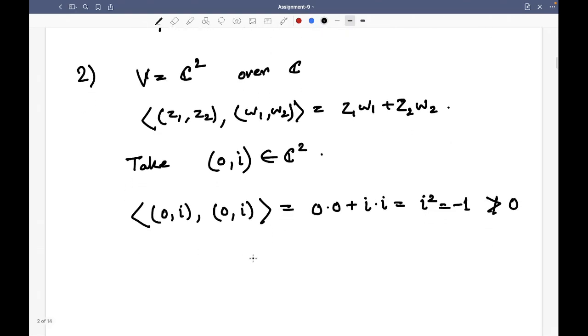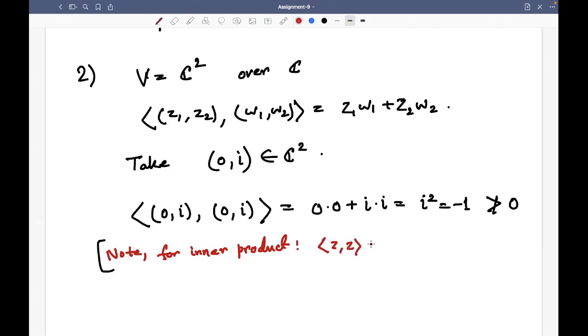Note that for an inner product, Z comma Z should be strictly positive, right? So this is not true here. We have taken the same vector (0, I) with (0, I), but this is minus 1, which is not positive. So this does not satisfy the condition of an inner product.